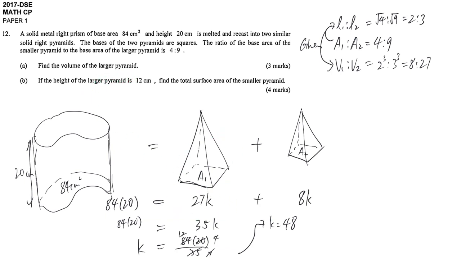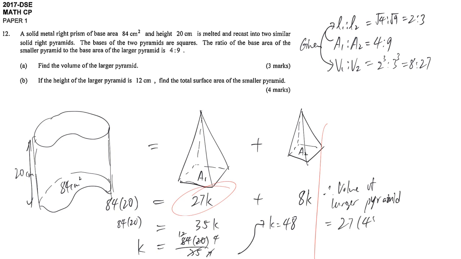So what we are interested in is 27K. So we write down our answer now. Therefore, the volume is equal to 27 times 48, which is 1296 cm³.